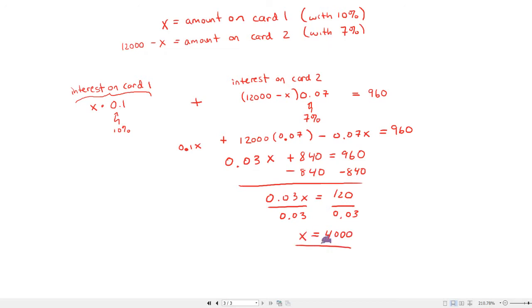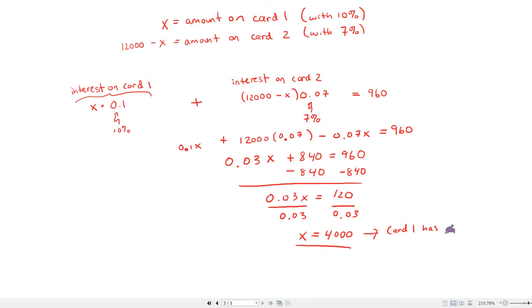Okay, so that's x. And what was x? X was the amount on card 1. So to figure out the amount on card 2, we'll just do 12,000 minus that. Now, keep in mind that we've designated card 1 as the one with 10%. So if you didn't write that somewhere, down here you could say the card with 10%.